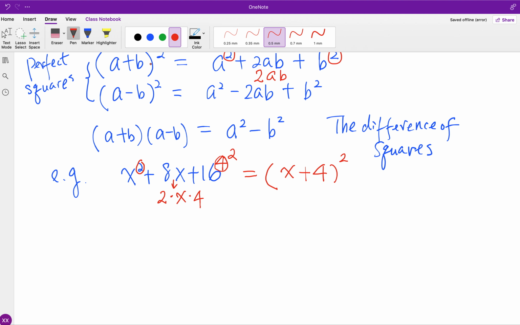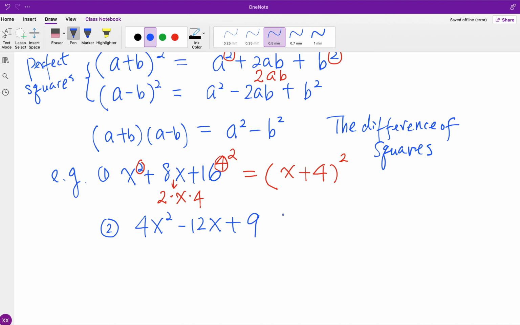Now, given another example. So this is the first example. Now my second example. So let's try to find another one. I have 4x squared subtract 12x plus 9.